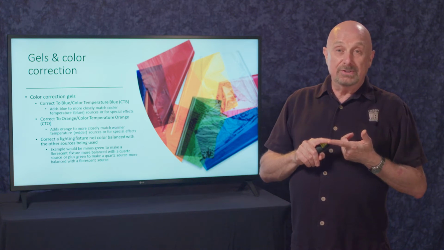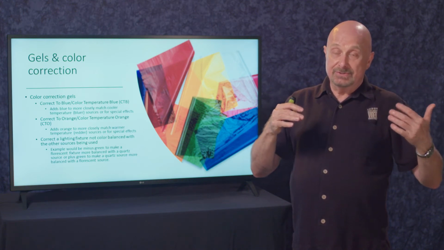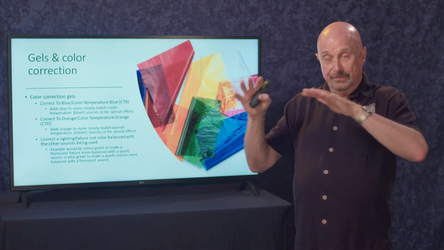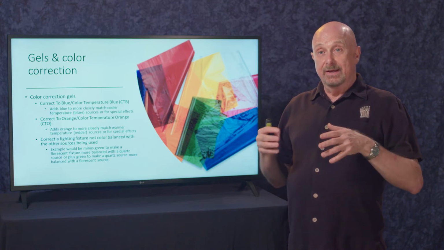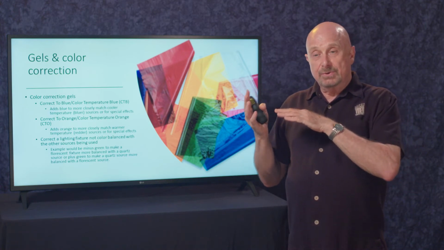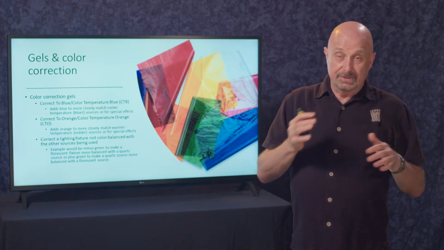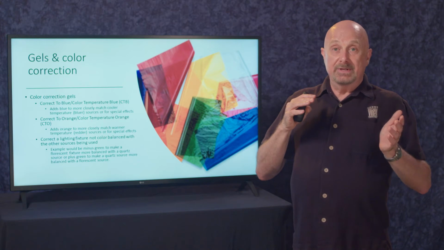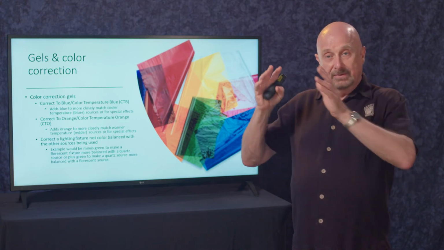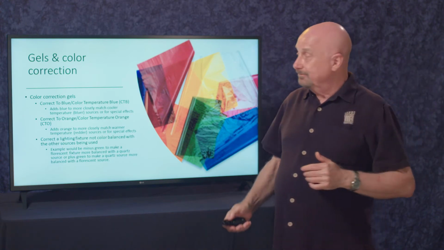So that would be a bluish gel to take a quartz lamp that's 3200 and make it closer to 5600 to match sunlight, or going the other way, taking an outdoor temperature light and correcting it to orange, CTO, or color temperature orange. And that would be an orange gel to make the bluish light look more like an incandescent light.